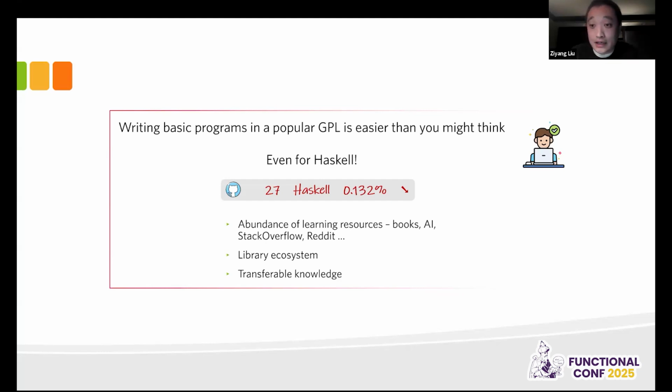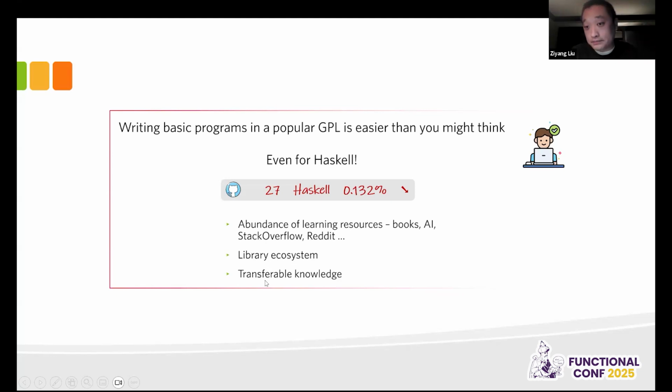For example, the other day I asked ChatGPT how you detect in Haskell whether something has been evaluated to weak head normal form, and it basically totally crashed and burned. It confidently gave me a totally wrong answer. But that's okay. If you just want to learn to write some basic Haskell, then AI is pretty good at teaching you how to do that. And then Haskell has a good library ecosystem, which makes a lot of things easier.